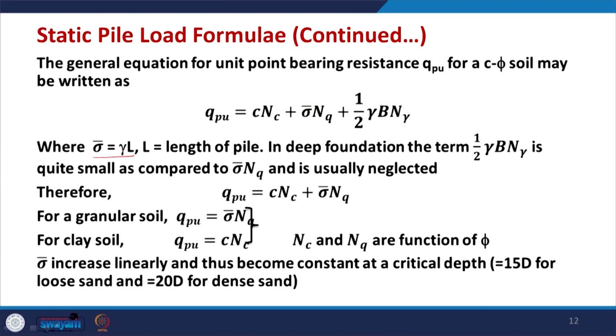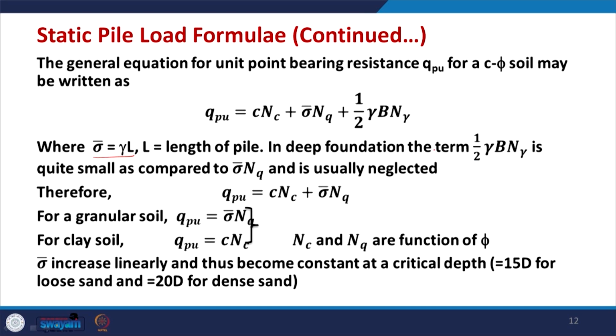So, one needs to understand that compared to the width or diameter of the pile, the length or depth of the pile is quite higher. Normally the L by D ratio is more than 12, 15 or maybe 20, 40, like that, for the cylinder piles. In that case the second term, sigma bar equal to gamma into L, where gamma is the unit weight of the soil, will be quite higher than the last term, gamma B N gamma.